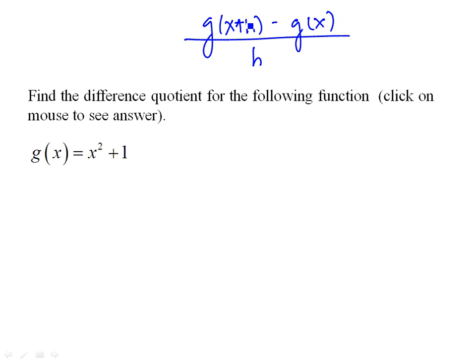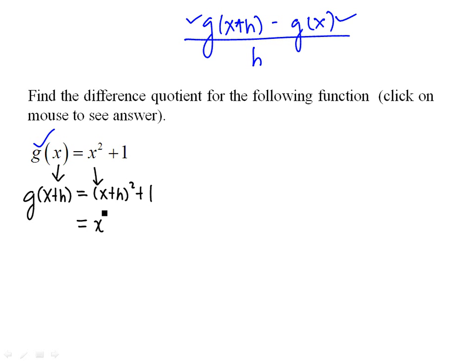So we only need to figure out what this g of x plus h is, because again, like I said, we already have g of x. It's given to us right here. So let's figure out what g of x plus h is. We're only replacing all of the x's with x plus h and simplifying.